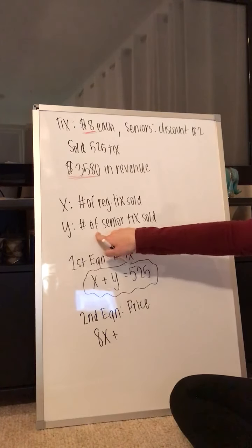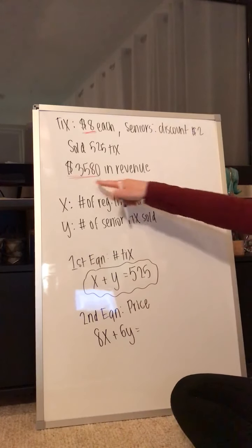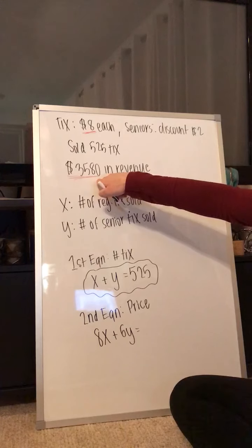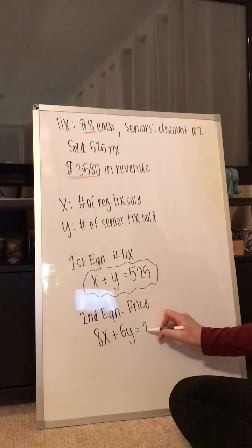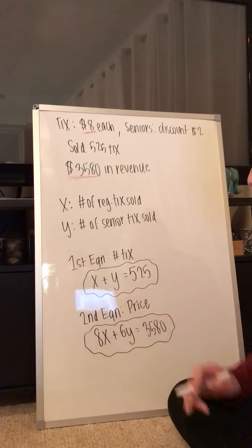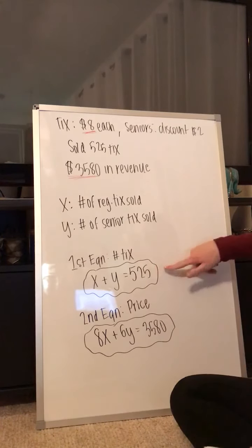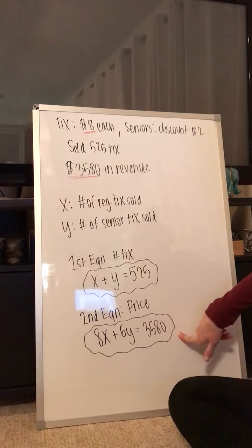So that's going to go with my Y variable. So 6Y, and that's going to be equal to the total revenue from this ticket sale, which is $3,580. So there's my second equation. My system of equations is X plus Y is equal to 525 and 8X plus 6Y is equal to 3580.